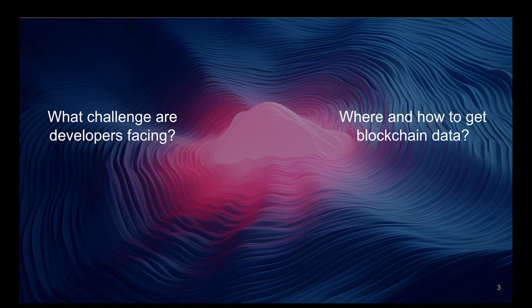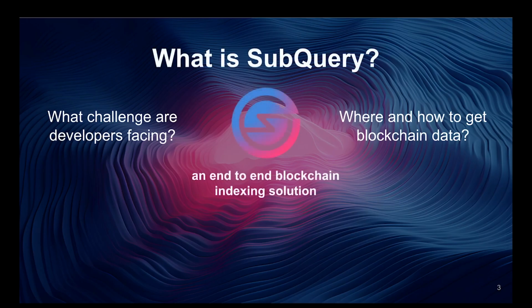But it can be quite tricky in terms of how we do that. So this is where SubQuery comes in as an end-to-end blockchain indexing solution. And we'll start off with step 1 out of 3, where we've got this open source SDK data indexing software that anyone can download, use, and start grabbing data from the Near ecosystem blockchain.